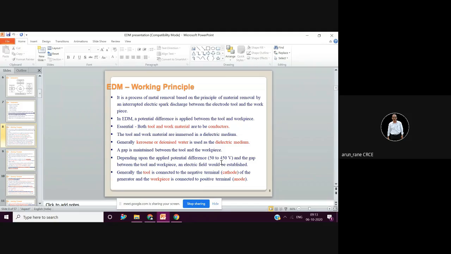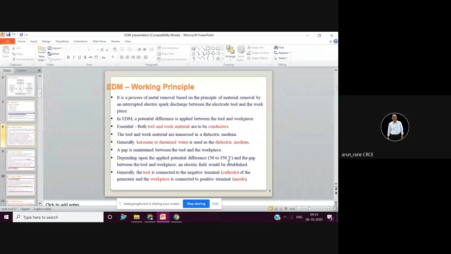The voltage supplied is 50 to 450 volts between the tool and the workpiece. Generally, the tool is negative and the workpiece is positive. That is, the workpiece is the anode and the tool is the cathode.